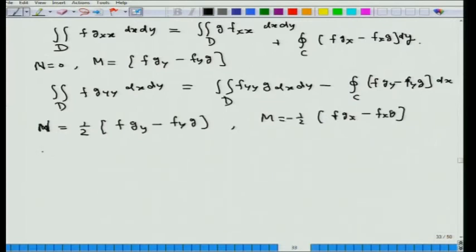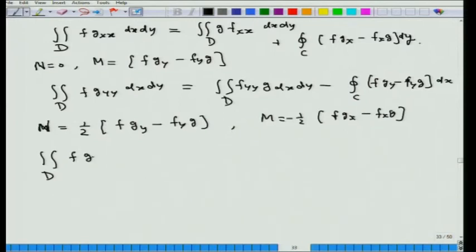So we get now over D, n x will give you f g x y and the terms f x g y and here f y g x, and they will also come from here, they will cancel. So we will have, and half of this plus half of this will make it 1 here.